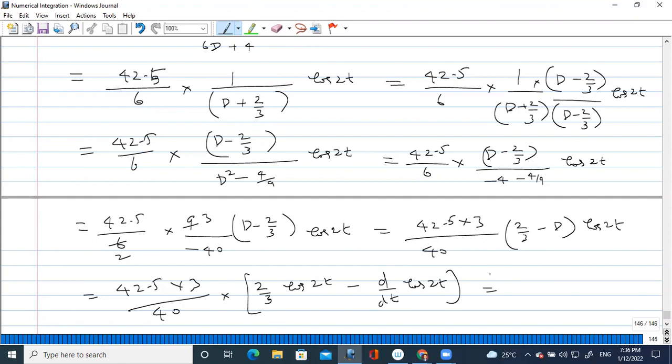This value 42.5 into 3 divided by 40. So how much it will be? I'll write it like this. Now 2 by 3 cos 2t minus, it will be sine 2t with minus sign, so that will become plus.